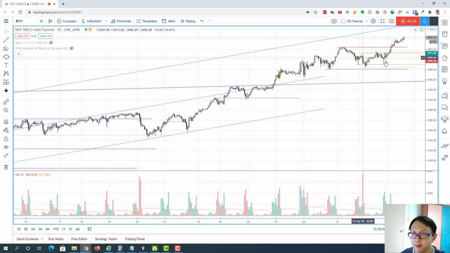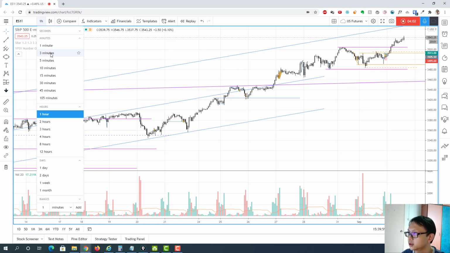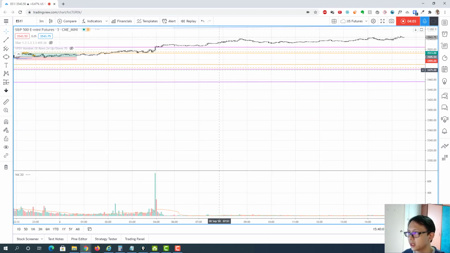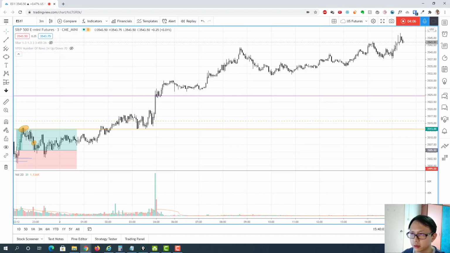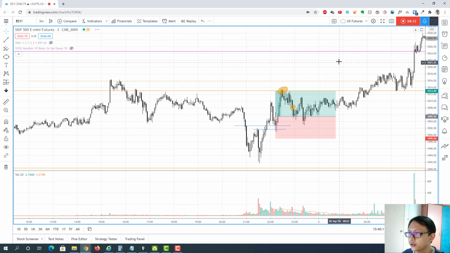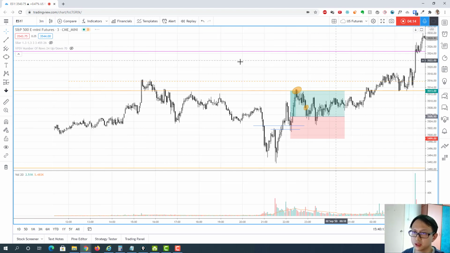But before I do that, let me just get down to the 3 minutes time frame, where there's a trade that I would like to show you, and I will elaborate a bit more on how I actually approach the entry with a relatively low risk, because I think it's quite important to find a low risk entry.